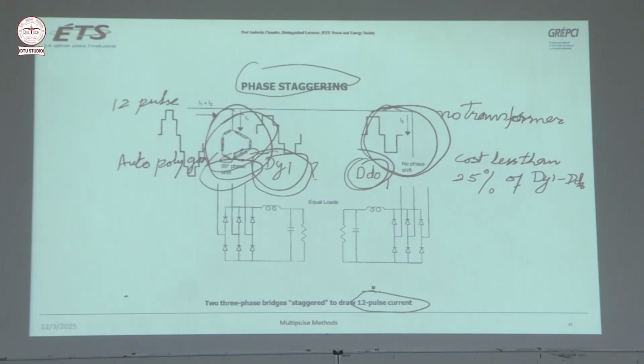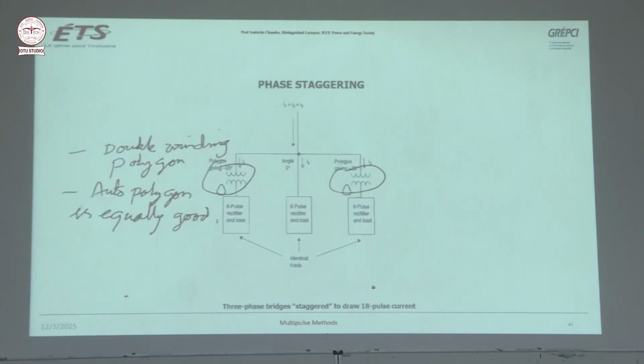So the cost of this setup compared with the original which we studied, Dy1, Dd0, will be 25% of that cost. So this is what an engineer has to see, how they can save the money and how they can have good performance.